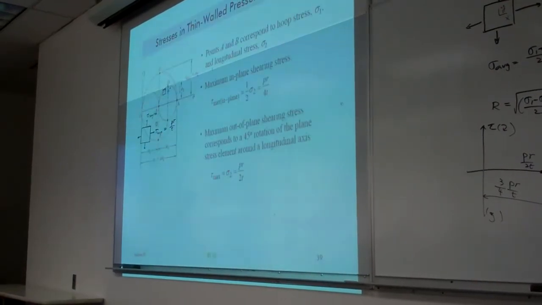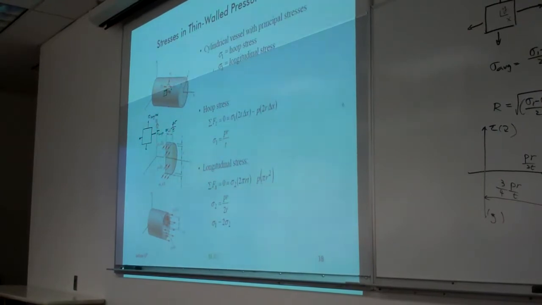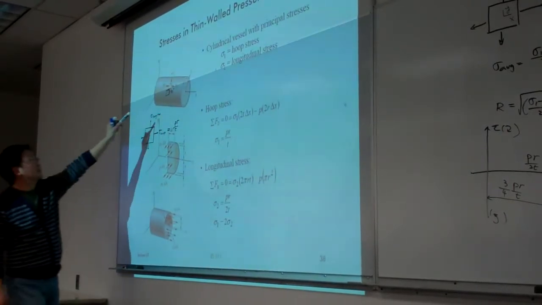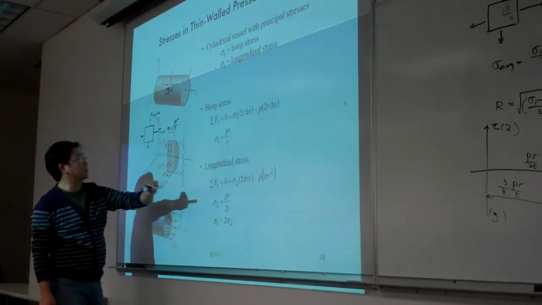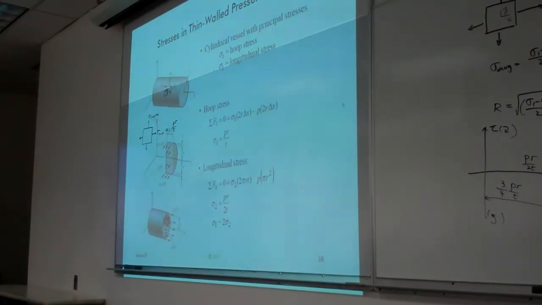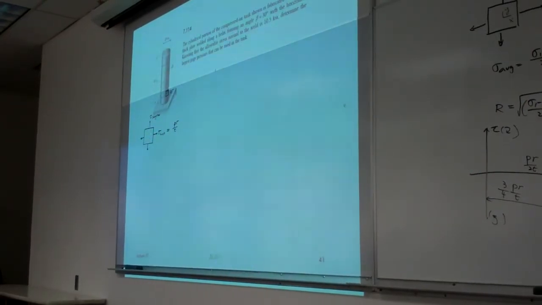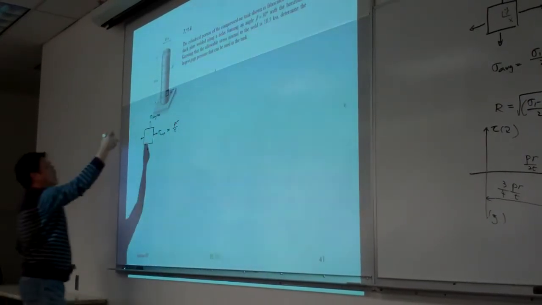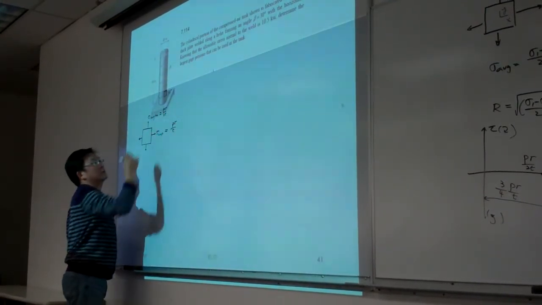You can see for this one, the longitudinal stress is sigma 2. Longitudinal sigma 2 is PR over 2T. So keep that in mind. Here, this one is PR over 2T.